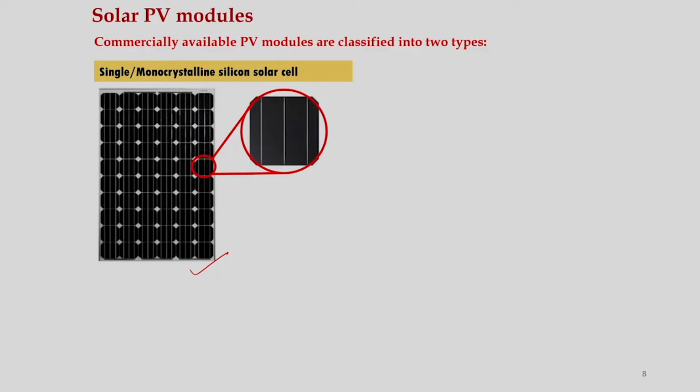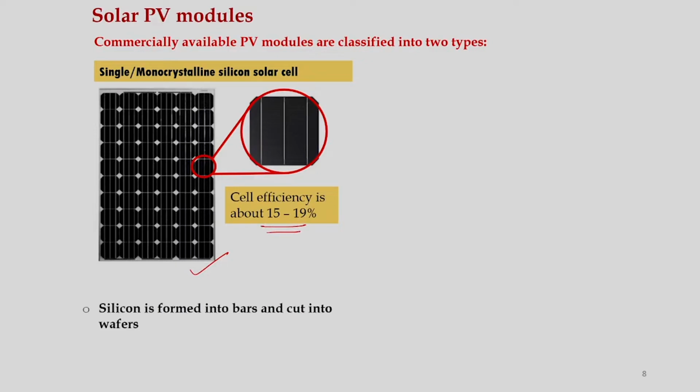We also studied the crystal structure and why it looks like this, and also the conversion efficiency. It varies from 15 to 19% for monocrystalline silicon solar cells, and this silicon is formed into bars and cut into wafers in case of single crystalline or monocrystalline silicon solar cells.